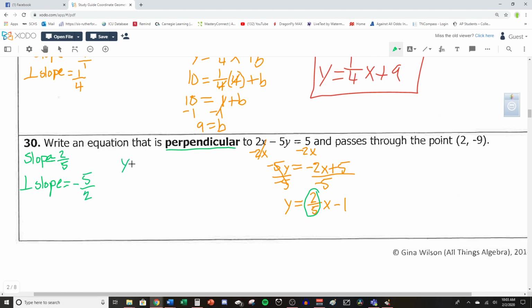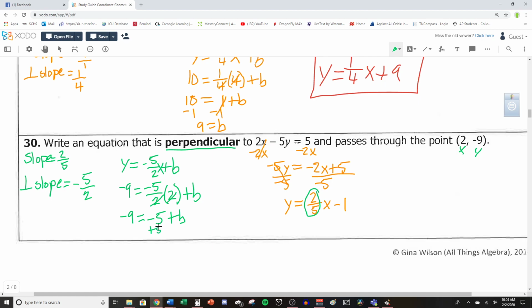So let's build this equation. y equals negative 5/2 x plus b. We plug in our x and our y over here. Those go in here to solve it. I forgot my x here, so the x is there. So this is negative 9 equals negative 5/2 times x, which is 2, plus b. So these go away. We're left with negative 9 equals negative 5 plus b.